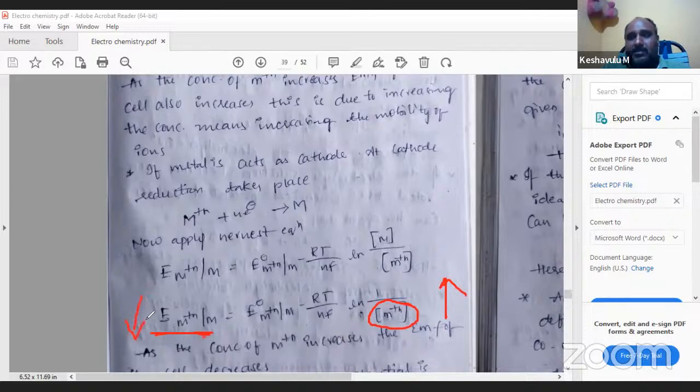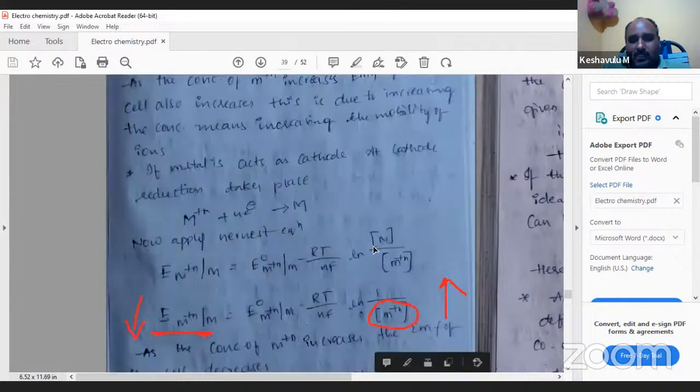But in the previous case, as the M^n+ concentration increases, the EMF also increases. That happens in the oxidation process. So we can give a conclusion for this.